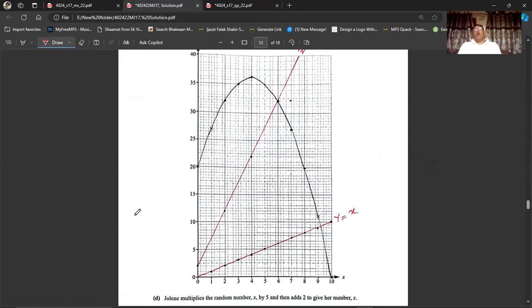If you have a hard copy of this paper, when you plot them there you will understand. It's a very simple process, not a big deal. We know the coordinates of the points, you have to plot them, and then join them with a smooth curve.